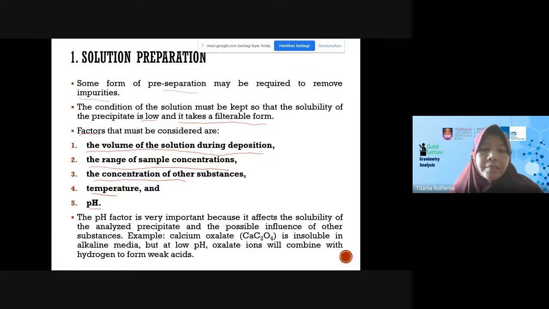And this pH factor is very important because it affects the solubility of the analyzed precipitate and the possible influence of other substances. For example, calcium oxalate is insoluble in alkaline or basic media, but at low pH, oxalate ions will combine with the hydrogen to form the weak acid.